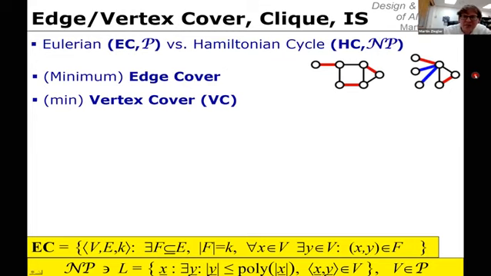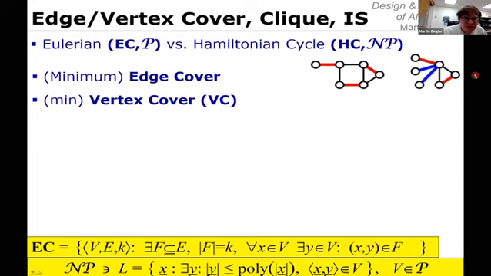So this is the vertex cover decision problem. Find a small subset of vertices such that every possible edge in the graph has at least one of these vertices among its two endpoints.